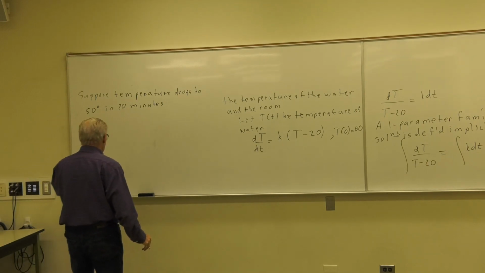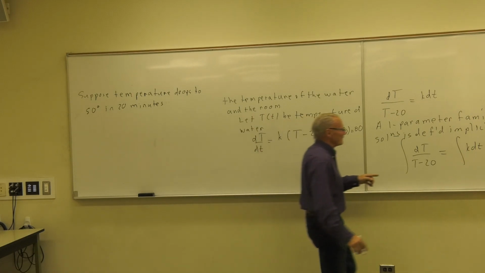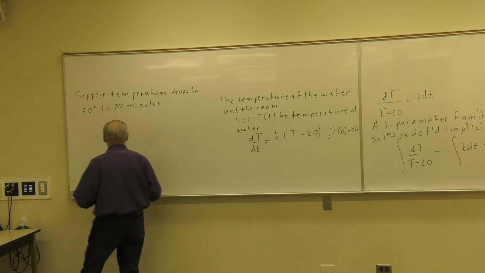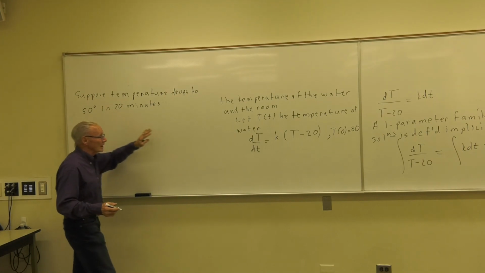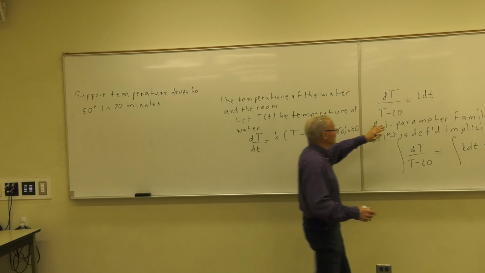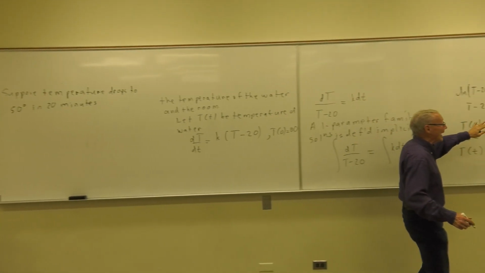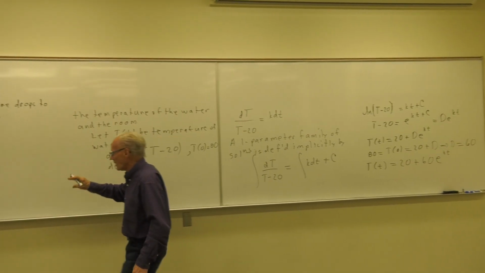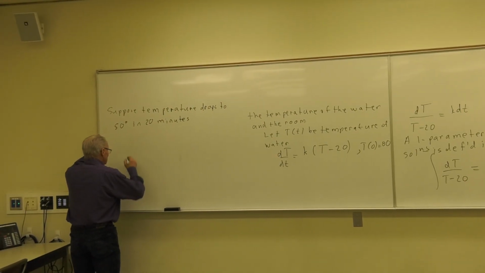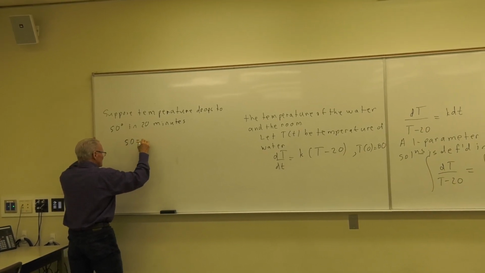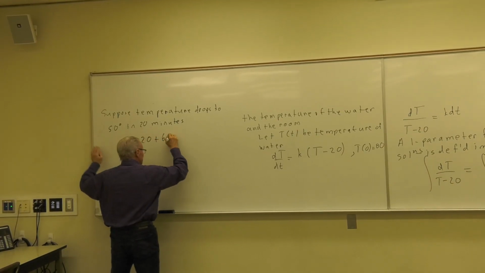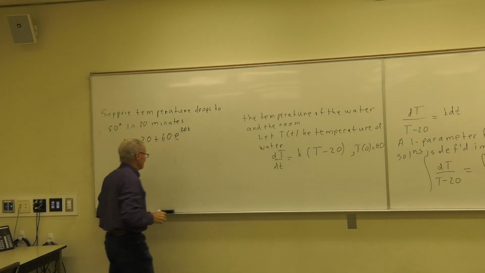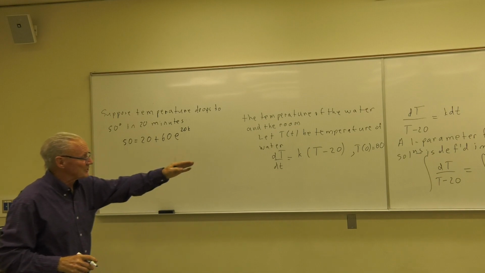So that means that I have some more information that I can put in here, right? It says when you put t equal to 20, so now we're working in minutes, all right? Up until now, the units of little t could have been anything I wanted. It didn't matter. But now I'm forcing units on. So from now on, t is in minutes. So we have 50 equal to 20 plus 60 e to the 20k. Right. Simply substitute it in.